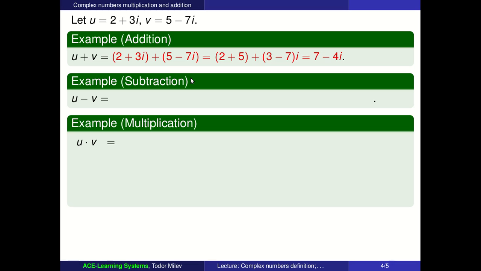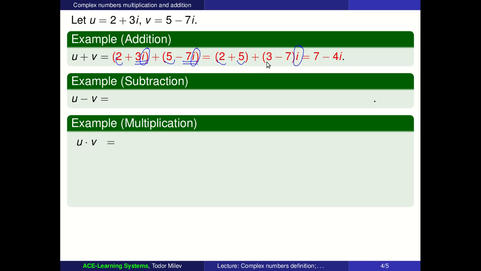And indeed, when you do that, you have to group this term with this term, so here 2 and 5. You have to group this term with that term, and you notice that you have a common factor of i in both of these terms, so you can factor out i, okay?